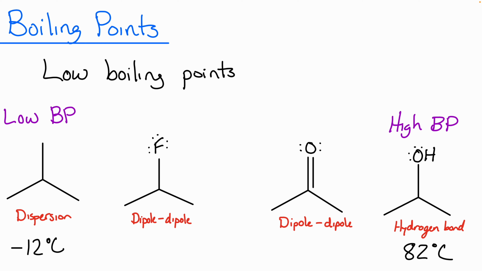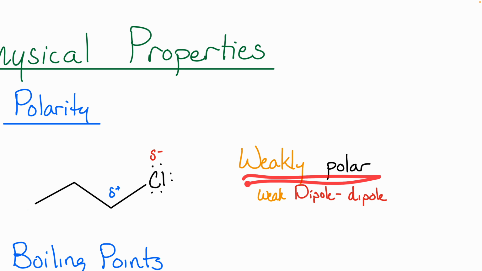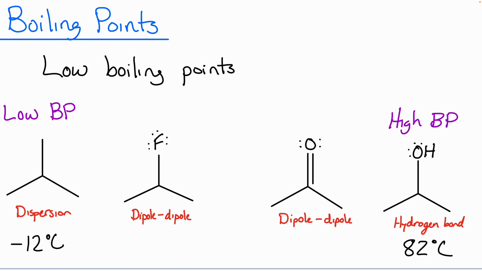All right, but now we're going to compare our alkyl halides and acetone here, both of which have these dipole-dipole interactions. But again, what I'm trying to illustrate to you is just how weakly polar these alkyl halides are. Our 2-fluoropropane here has a boiling point that's only negative 10 degrees Celsius.